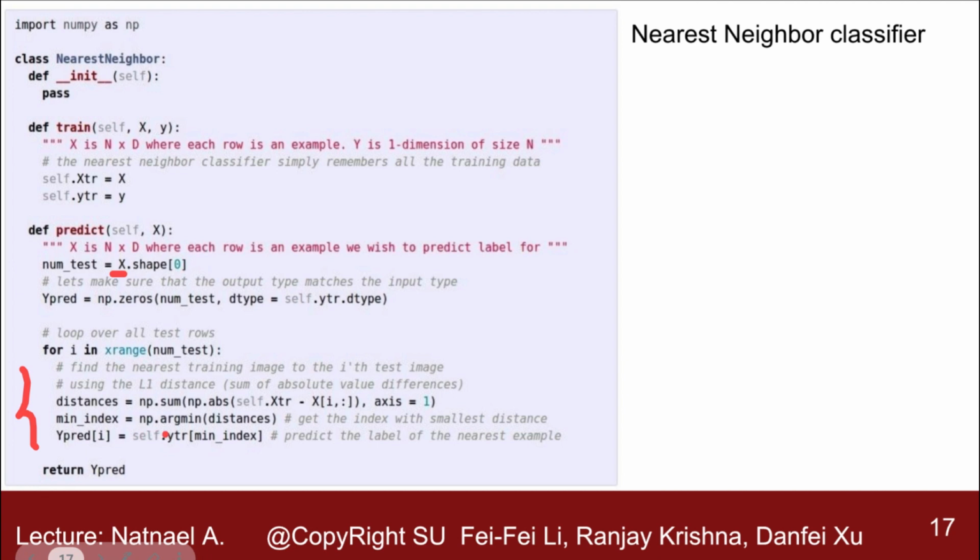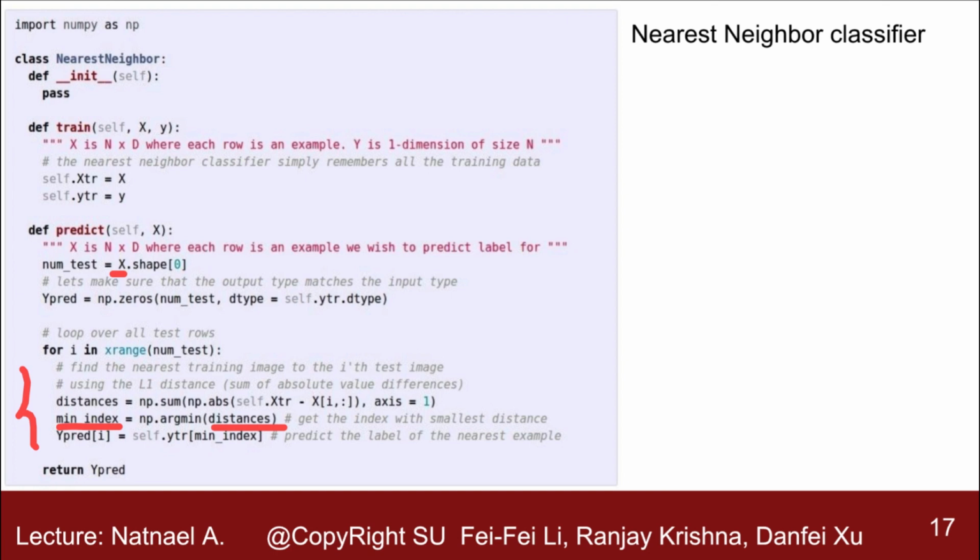From that, it takes the image with minimum distance. Among all those images, the image with minimum distance will be taken, and the index of that one will be taken as min index, because as I already mentioned, theoretically, the nearest neighbor computes the distance between the new image and all other images in the training set, and it takes the image that has the smallest distance to the new image, right?